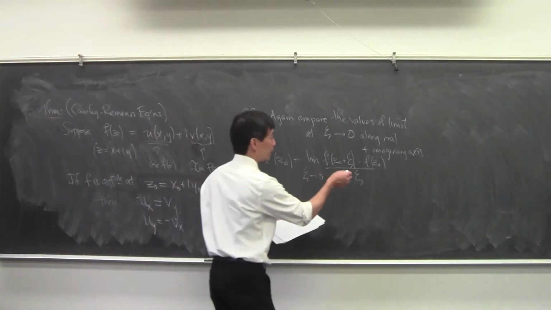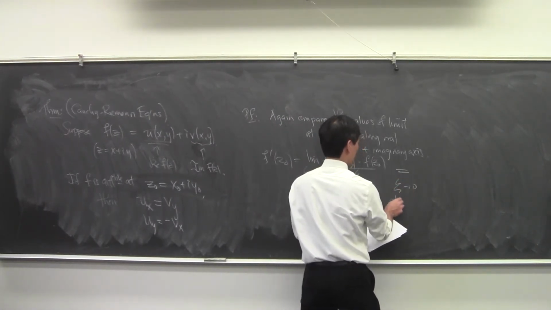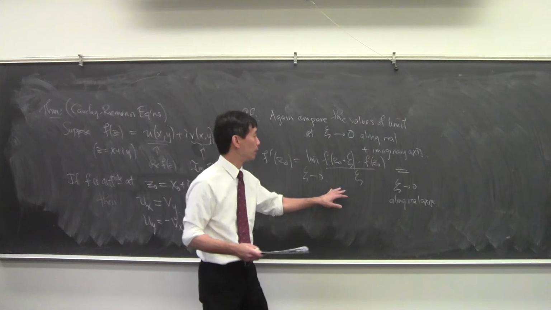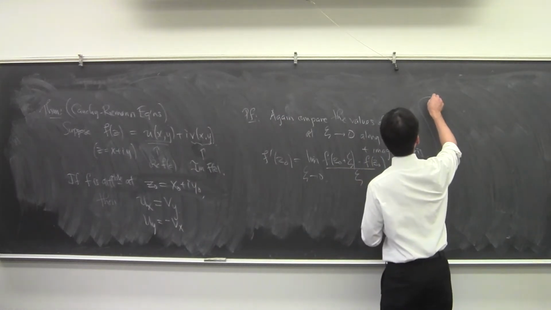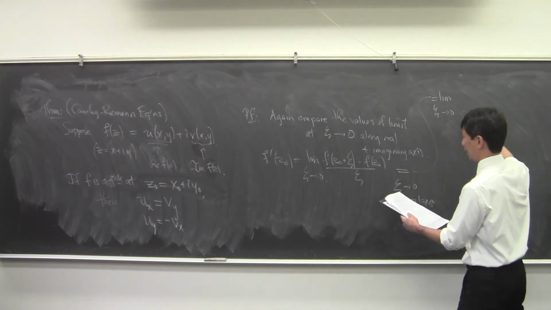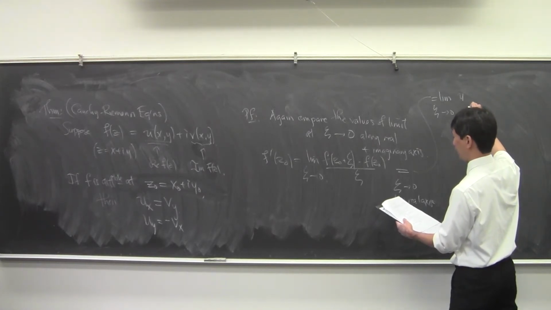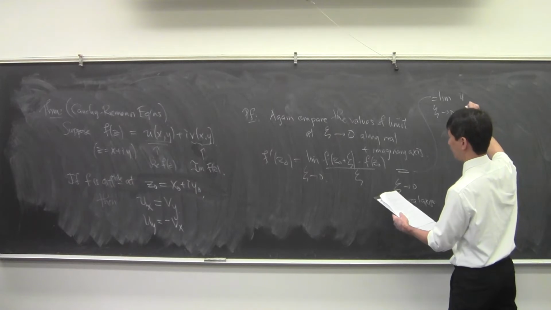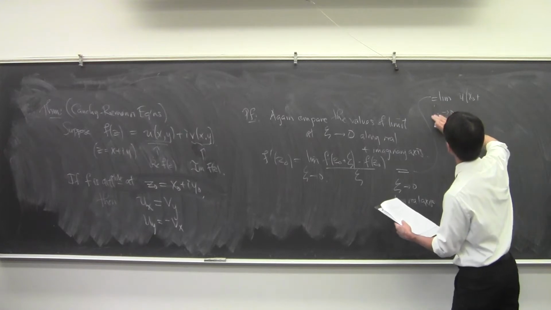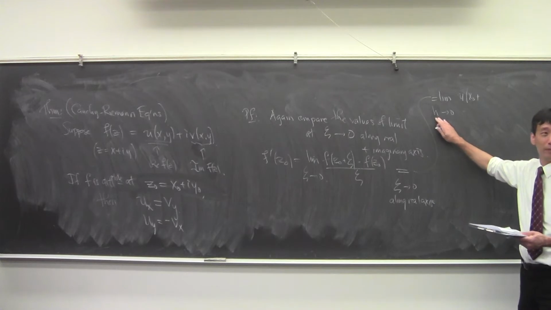And you do it in two ways. So you let zeta go to 0 along the real axis. Well, that's going to be the limit as zeta goes to 0 of u of x naught plus, let me just call it h, because you're comfortable with thinking of h as a real number.